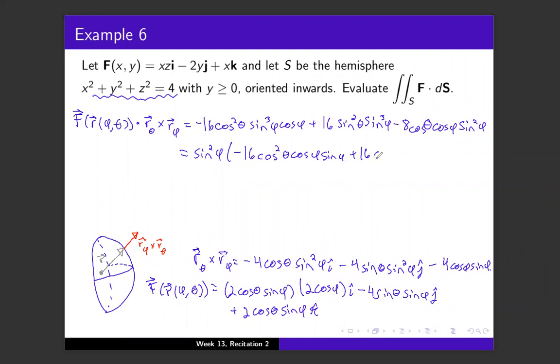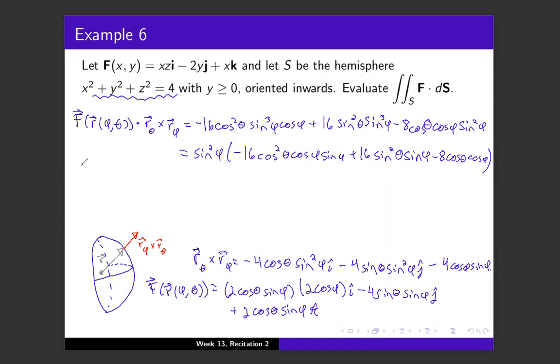Plus 16 sine squared theta sine phi minus 8 cosine phi, cosine theta cosine phi. And I don't think we can really clean that up a whole lot more, unfortunately. So that's about the best we can do.